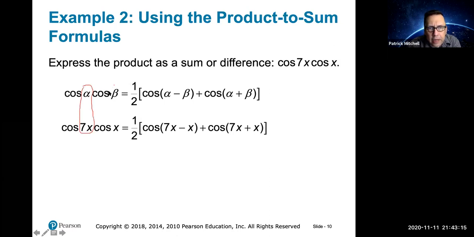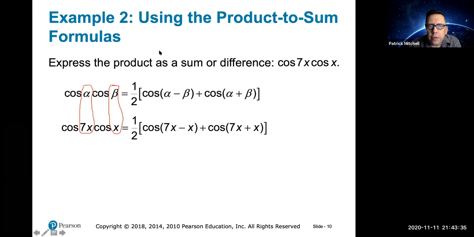Playing the role of beta is x. So when you replace alpha with 7x and beta with x, you get what you see here, 1/2 times cosine of 7x minus x plus cosine 7x plus x.